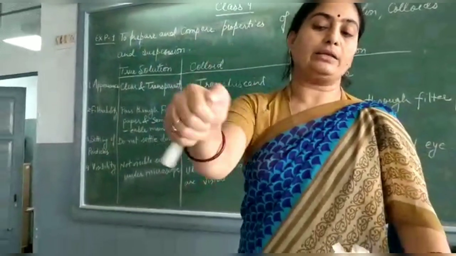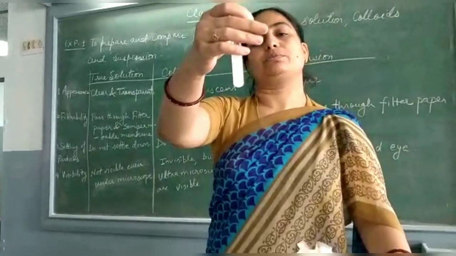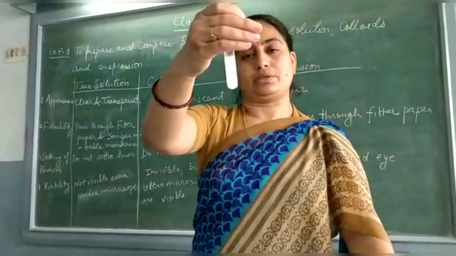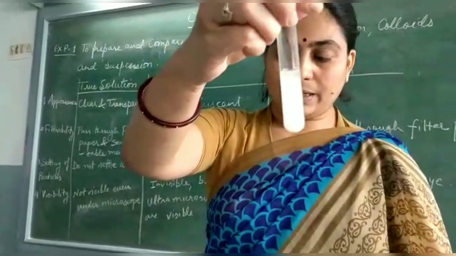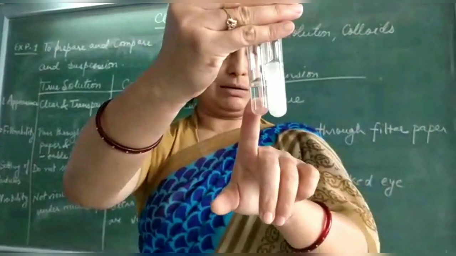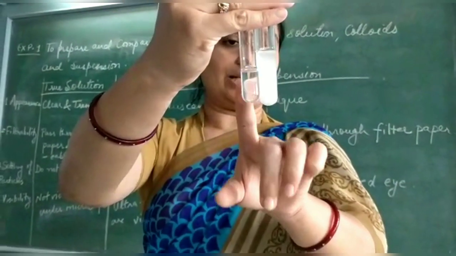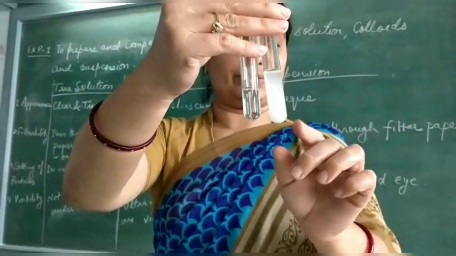Mixing it again and again, we found that it is not transparent. It is translucent. You can compare it with the true solution, which is completely clear and transparent, but this colloid is translucent.